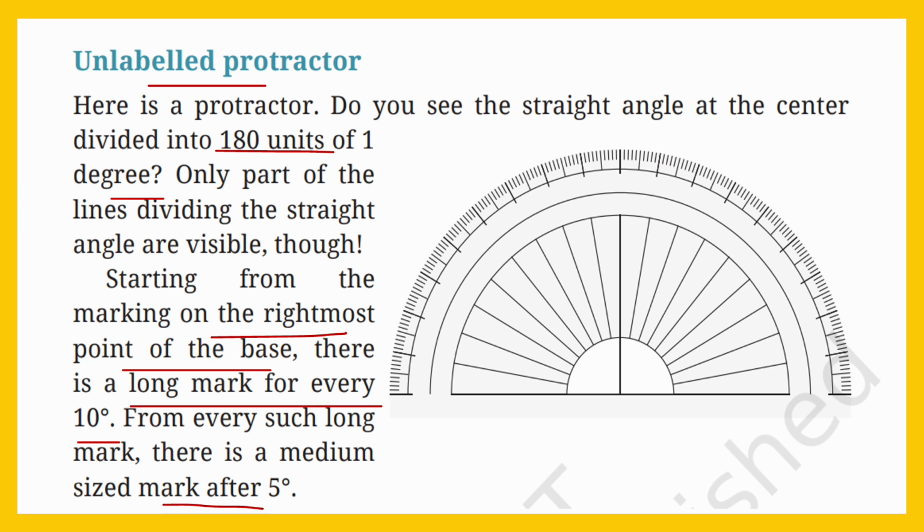So, the straight angle at the center is divided into how many units? 180 units of 1 degree. Okay. Then, starting from the marking on the rightmost point of the base, which is the 0 degree marking, there is a long mark for every 10 degree.